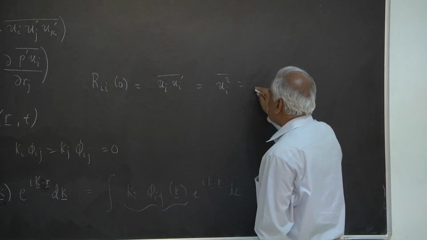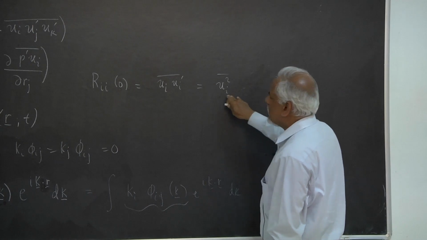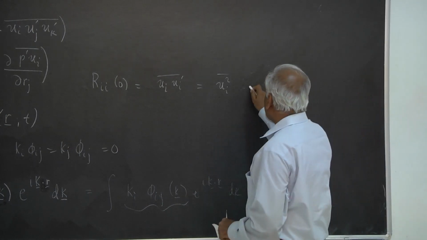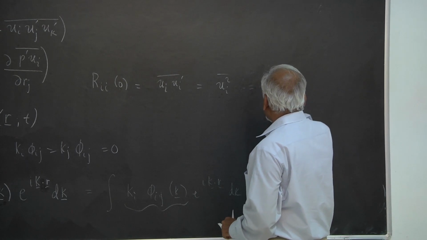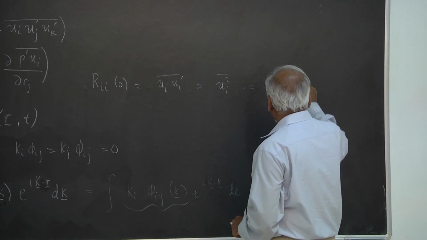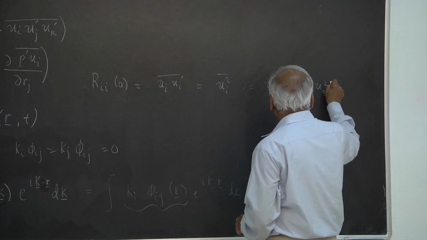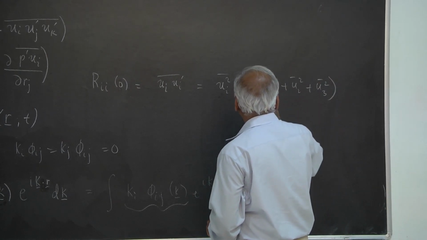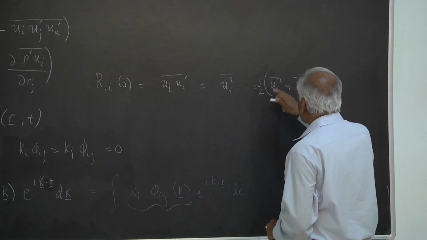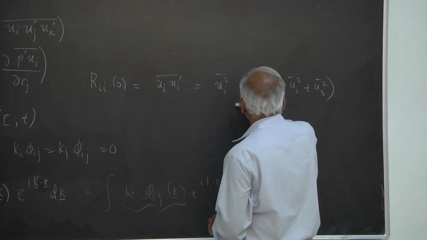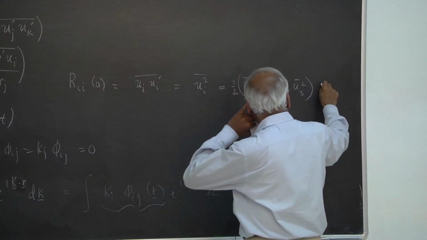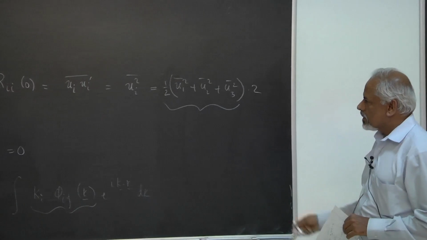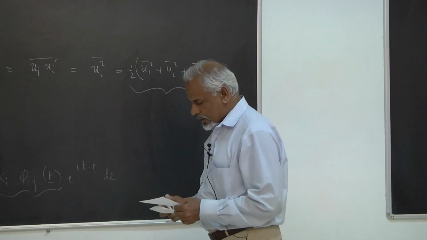So this is just related to kinetic energy. Now half of this is the kinetic energy, so this is the kinetic energy times 2. Basically, it's the mean square value.